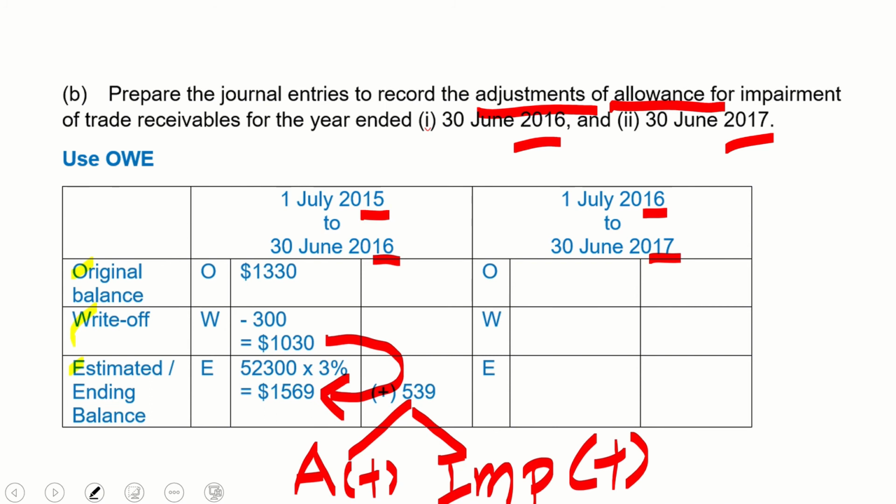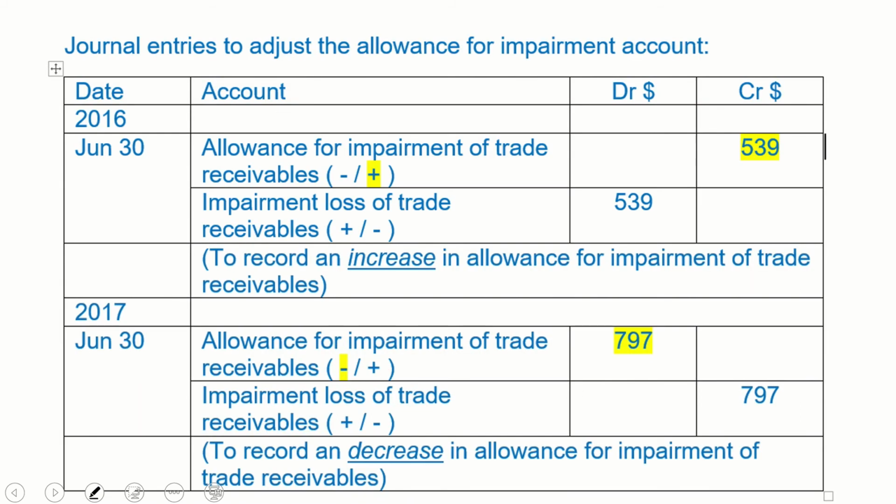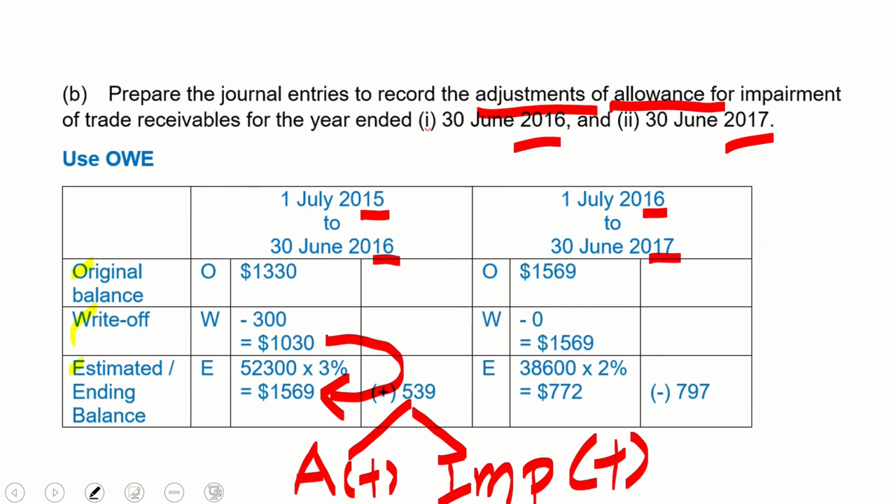How does this look like? You can pause and think about it. If you don't need to pause, you can continue. How does this look like in your journal entry? Your journal entry will look something like this. You increase the allowance by 539. Please note that you are only increasing the allowance by this amount, 539.